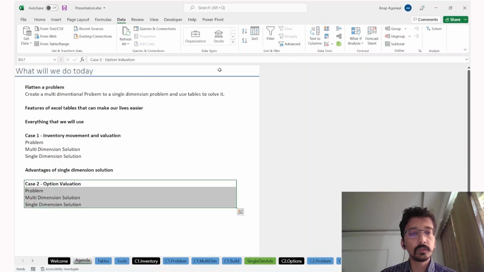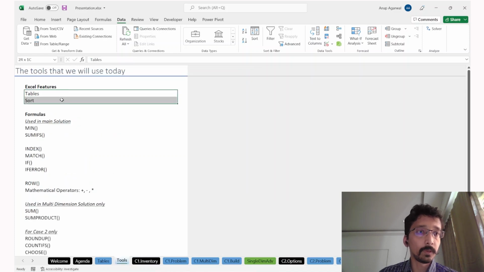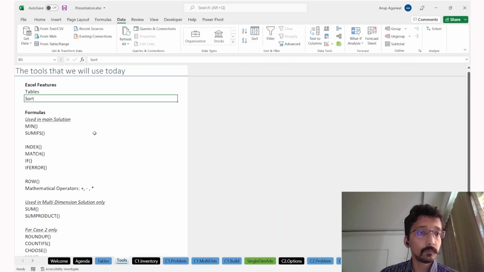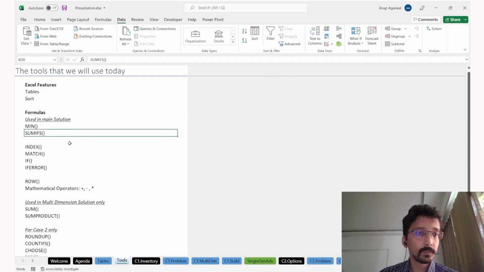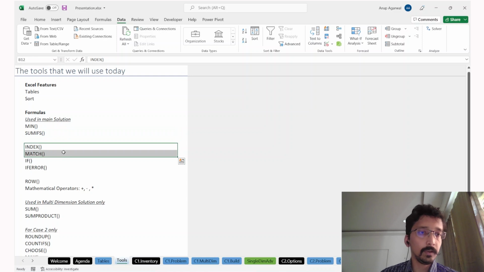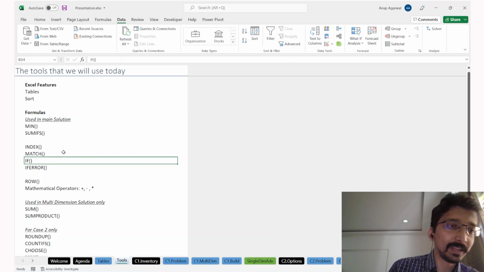So let's also review, apart from tables, what else we will use today. We will be using the Excel tables, which I just explained. We will be using the sort feature in Excel. We will be using a few very common functions, min and sumifs. Then our favorite, index and match, my favorite, index and match.